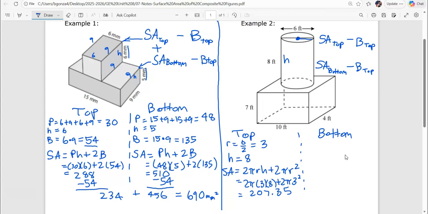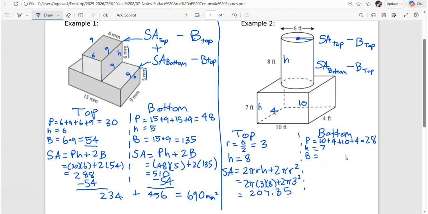Now the bottom is a prism, so I need P, H, and B. The perimeter of the bottom base, 10 plus 4 plus 10 plus 4, is 28. The height of the bottom prism is 7.